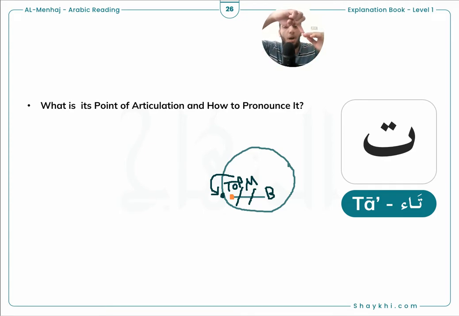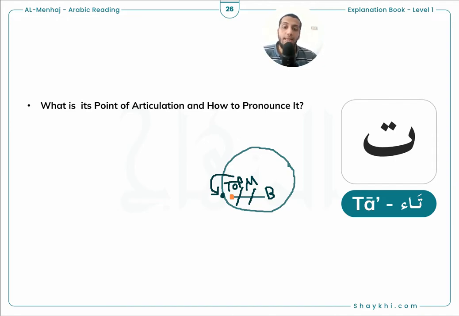So the top part of the tip of the tongue touches the gums of the upper 2 front incisors. T. So again, the top part of the tip of the tongue touches the gums of the upper 2 front incisors. T.